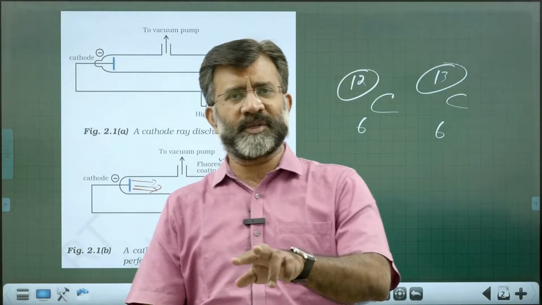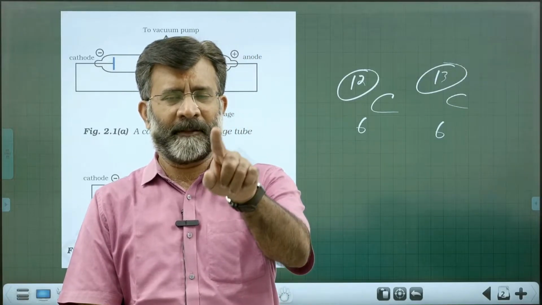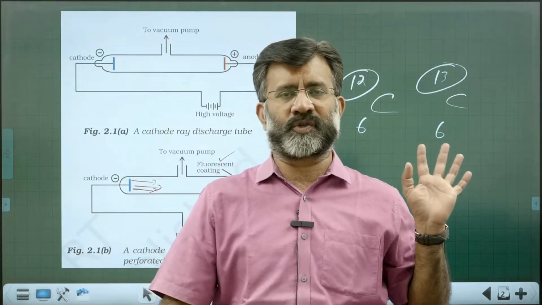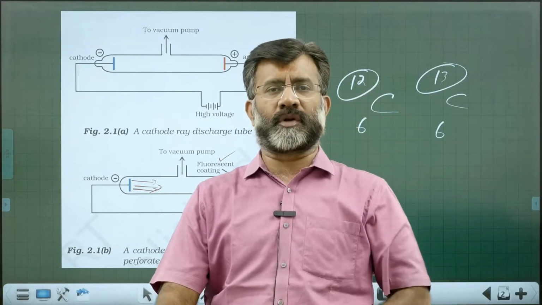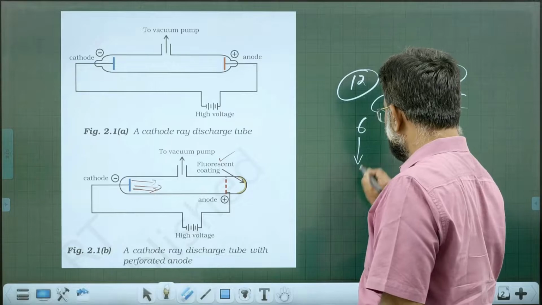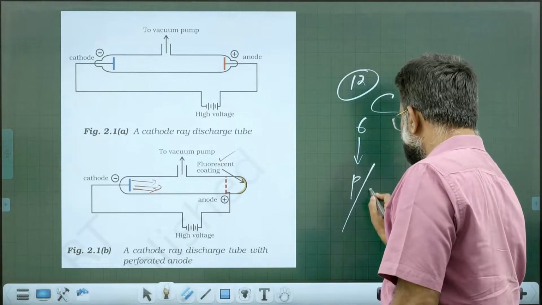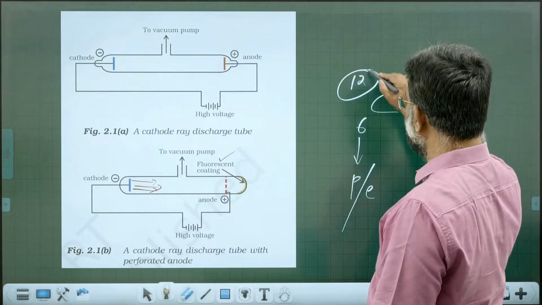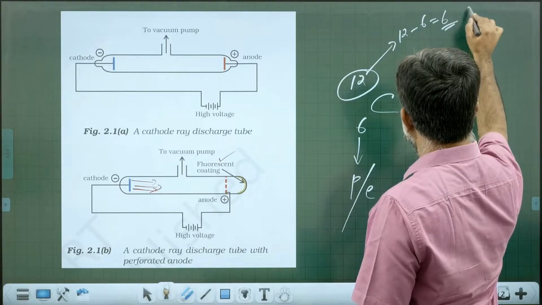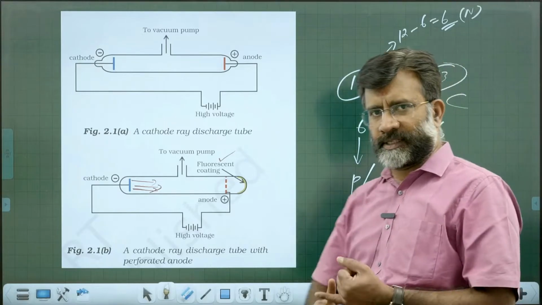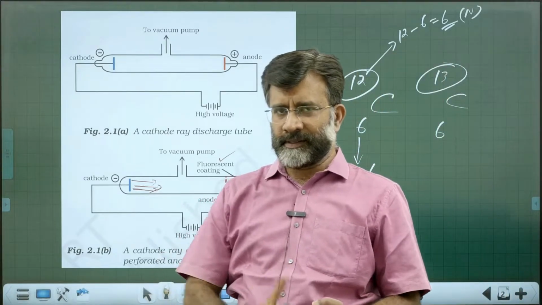Why the difference in mass number? All of you know: due to the difference in number of neutrons. So isotopes arise due to a difference in the number of neutrons. Here, the number of protons is 6 and the number of electrons is 6. The number of neutrons will be 12 minus 6. There are 6 protons, 6 electrons, 6 neutrons.